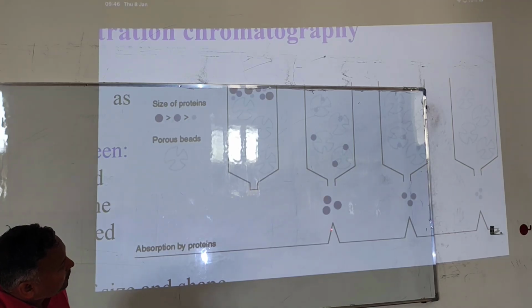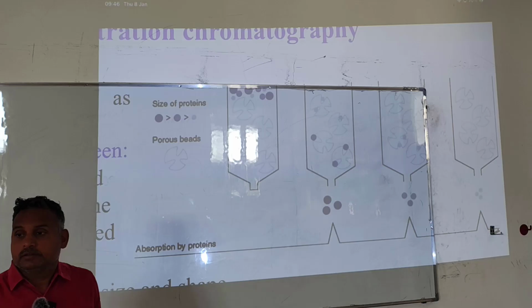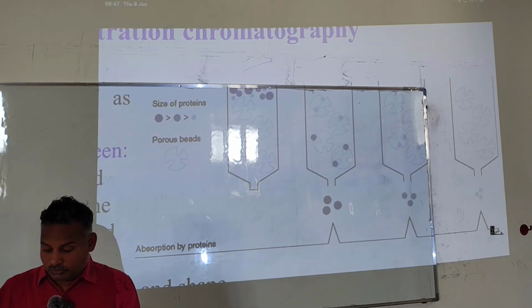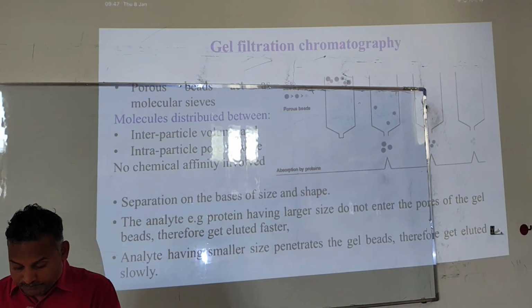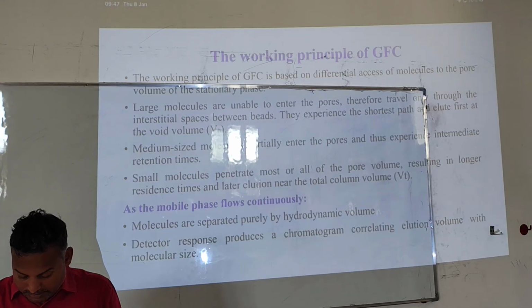This is the peak for the large sized molecule, this is the peak for medium sized molecule, and this is the peak for small sized molecule. Did you get the point? If you understand this concept, it will work accordingly.